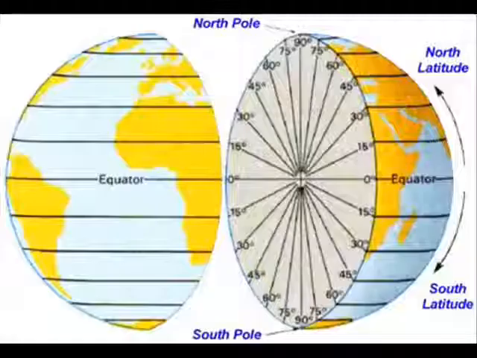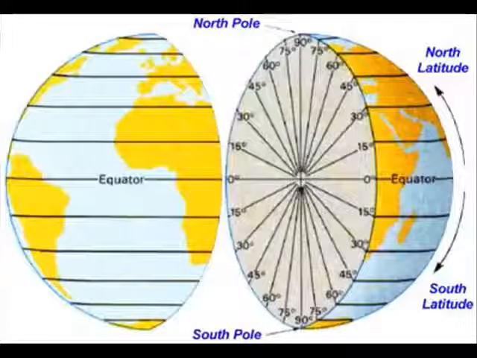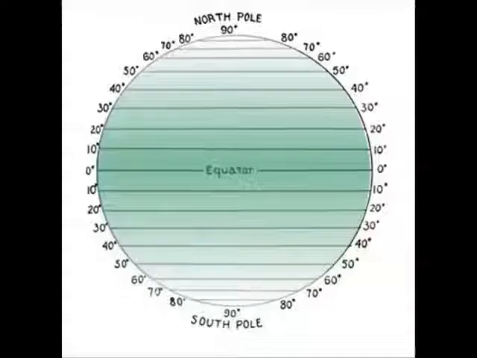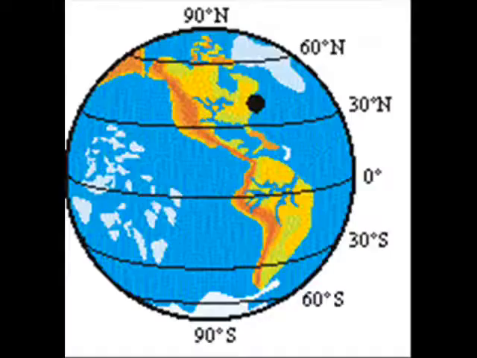It tells how far from the equator any place happens to be, north or south from the equator, wherever a place may be. Latitude gives the angular distance scientifically.